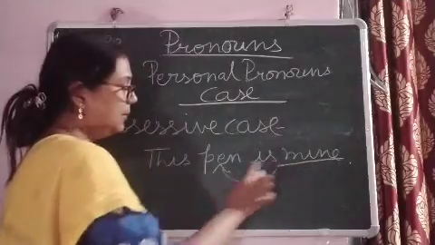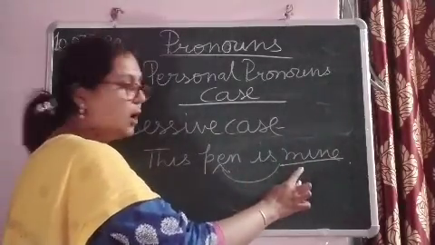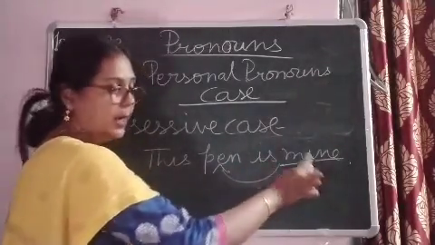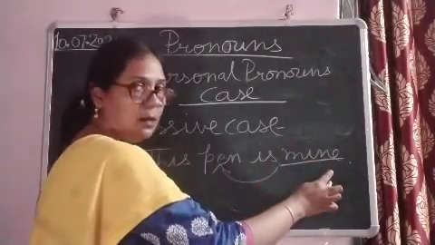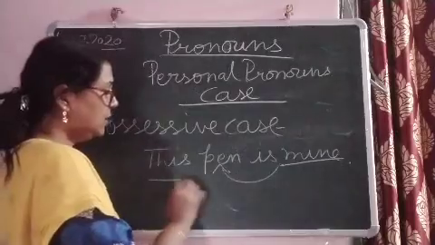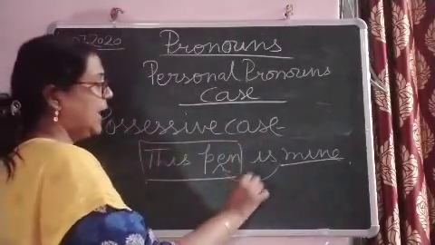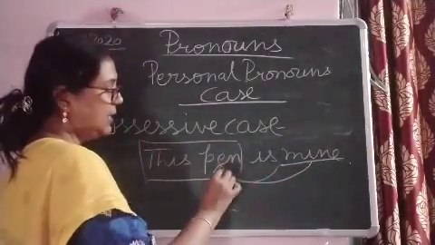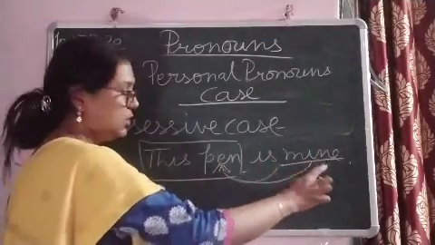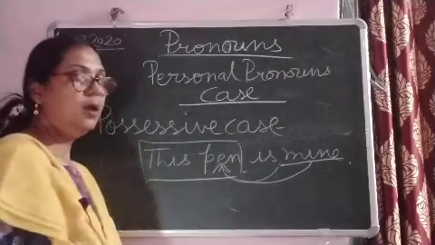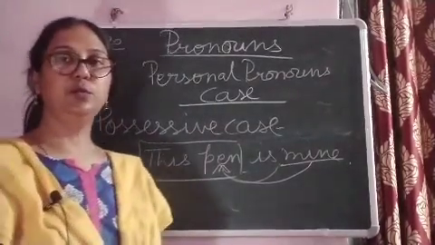So it becomes possessive case because mine shows possession of the pen. This pen is the object, and this pen is mine. It becomes possessive case because it shows the possession of the pen.